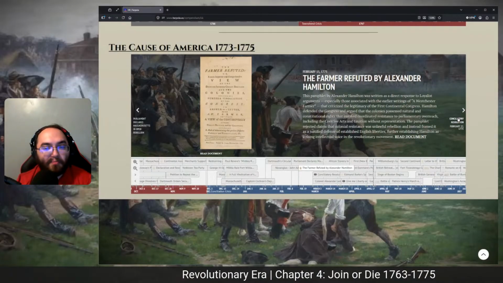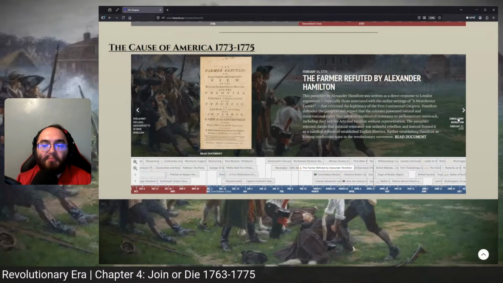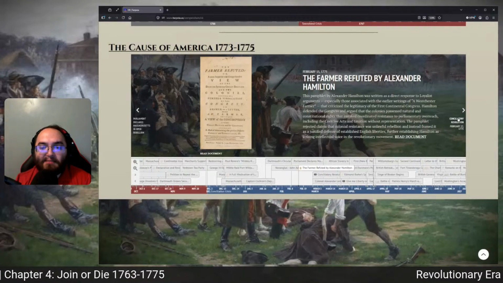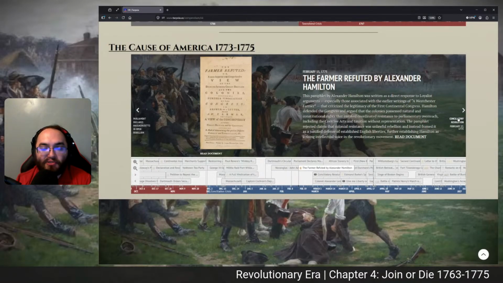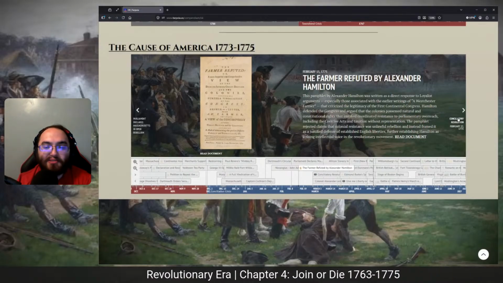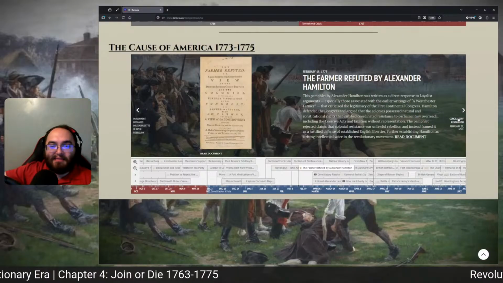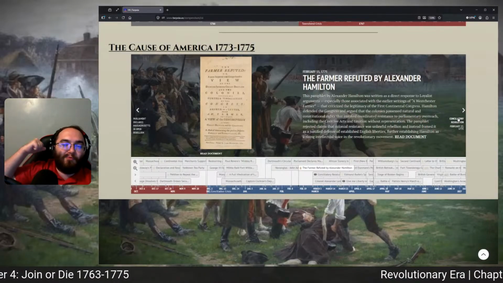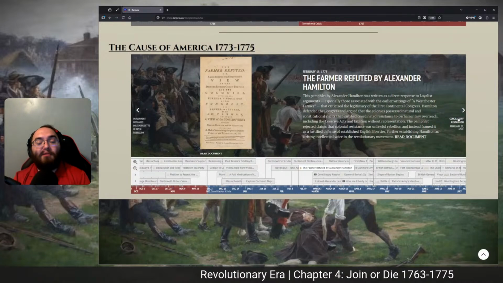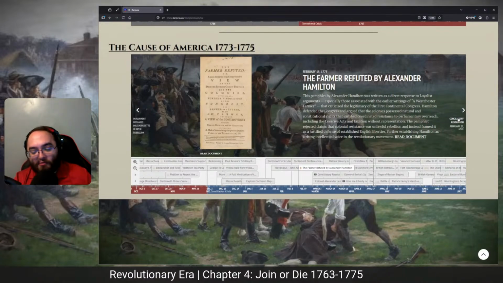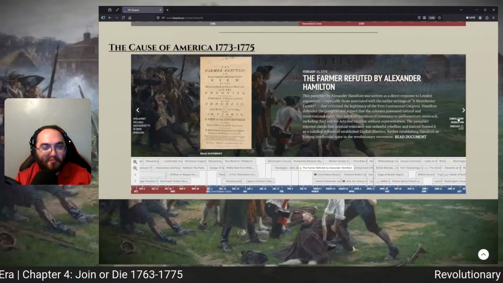The Farmer Refuted by Alexander Hamilton is yet another political essay written by Hamilton, in response to loyalist essays. Hamilton, a decade later, will write the Federalist Papers, and the Federalist Papers are not an independent publication of ideas.